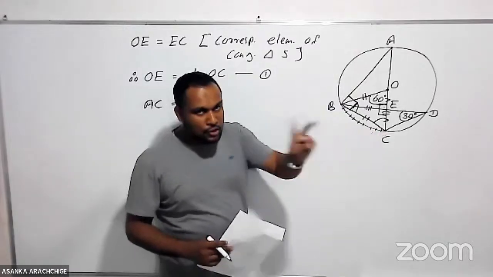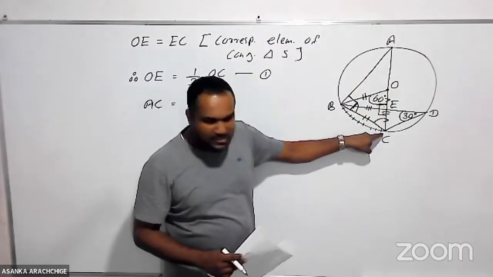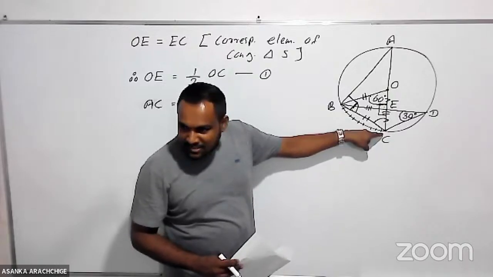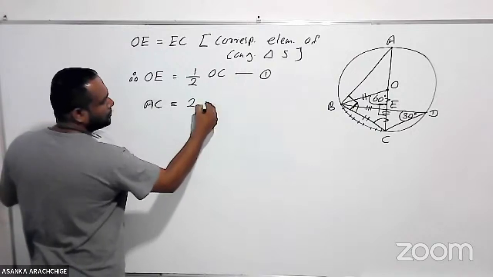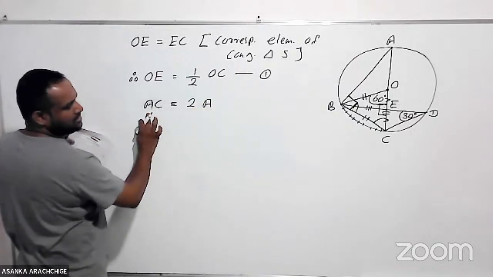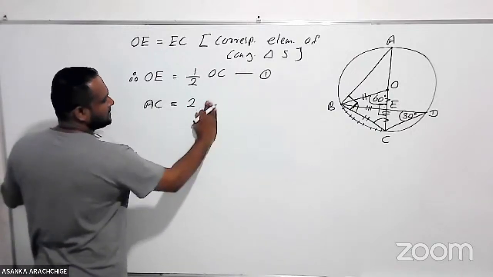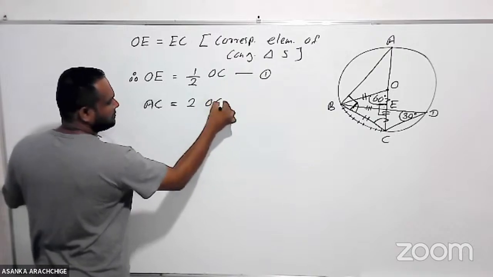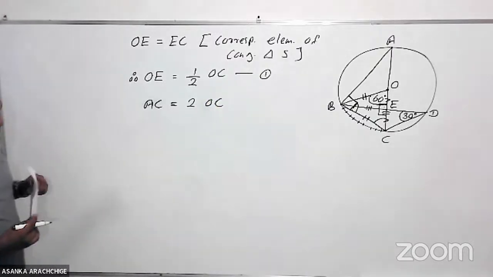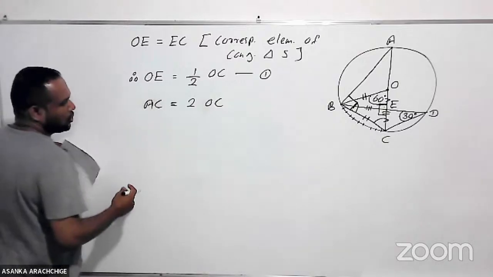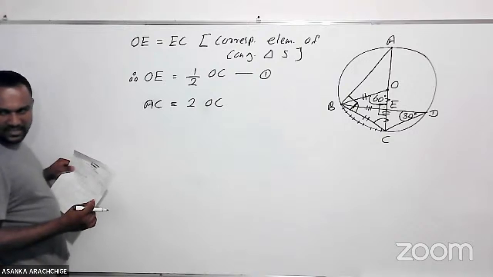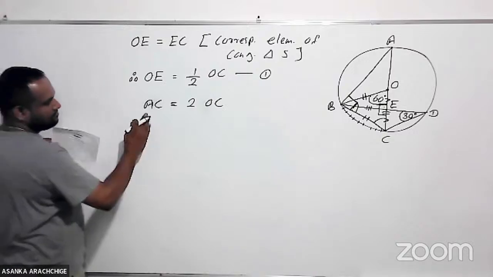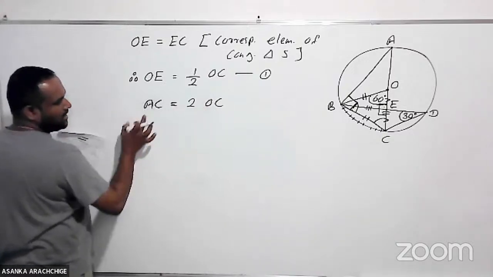AC is equal to 2 times OC. OC is radius, no? Right. Which means OC is equal to half of AC, no? OC equals half of AC.